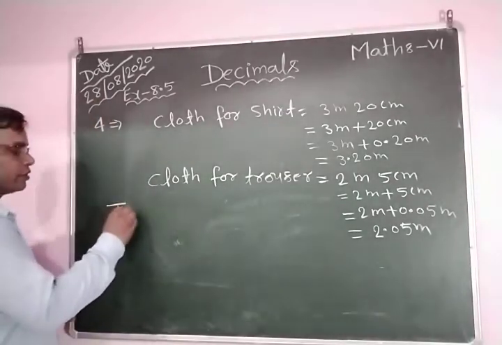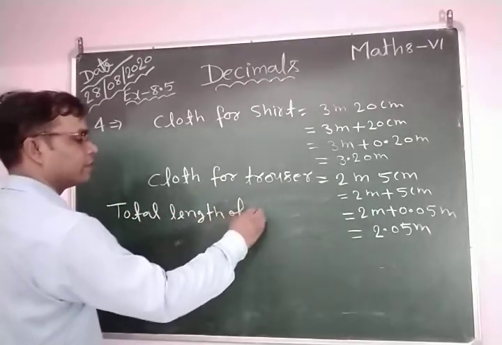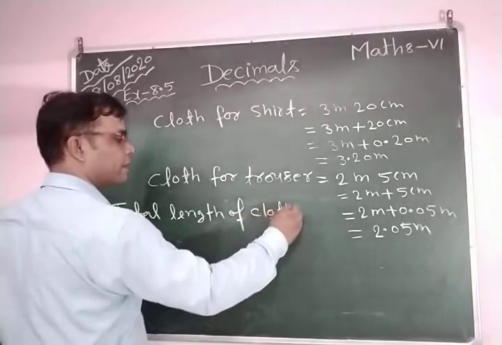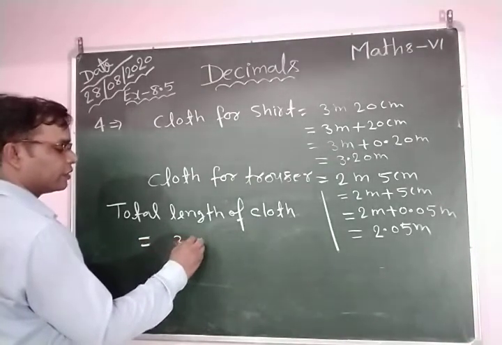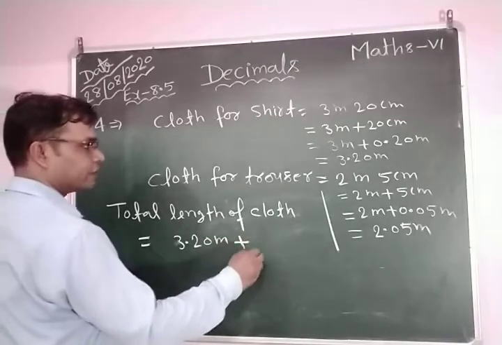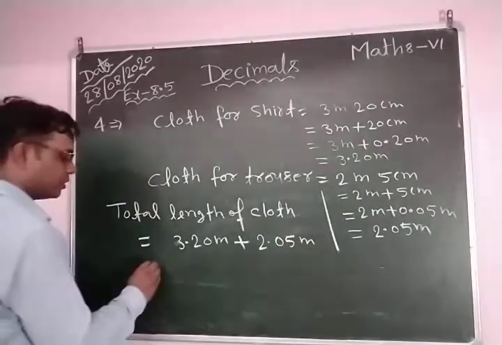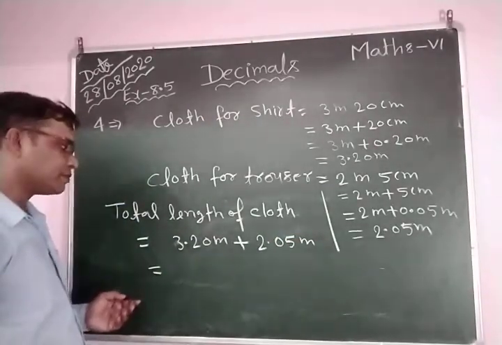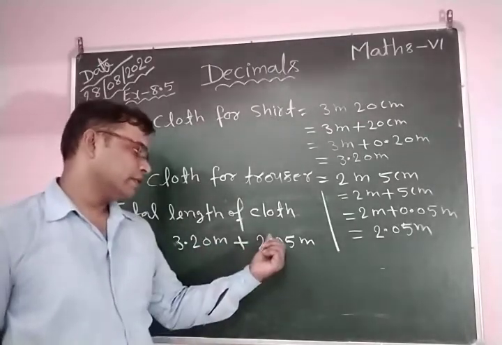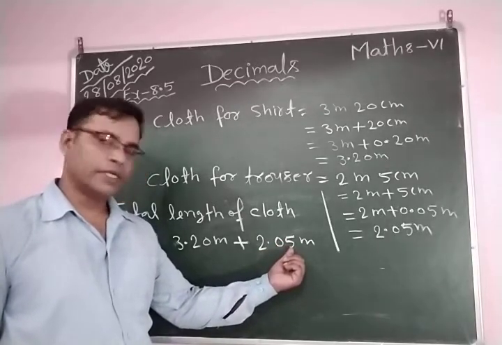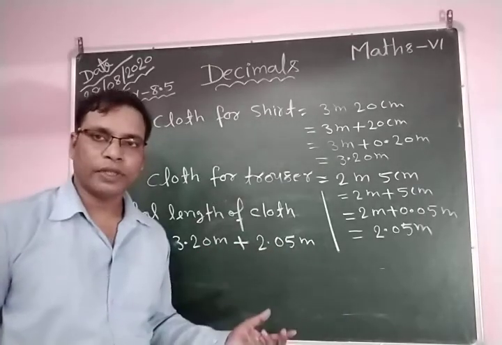So the total length of cloth is equal to 3.20 meter plus 2.05 meters. Both are in meters, so you can add them. The hundredth place digit here is 5, and here the hundredth place digit is 0, so 5 plus 0 is equal to 5.